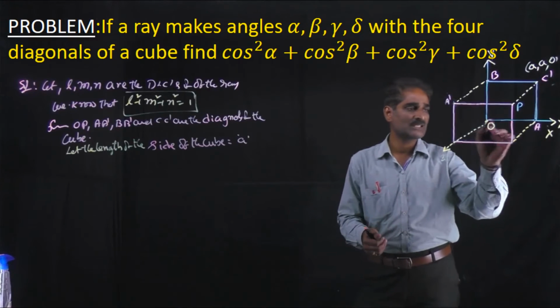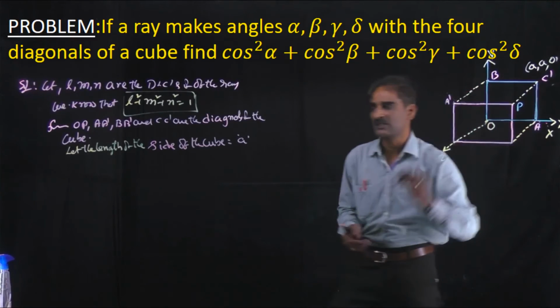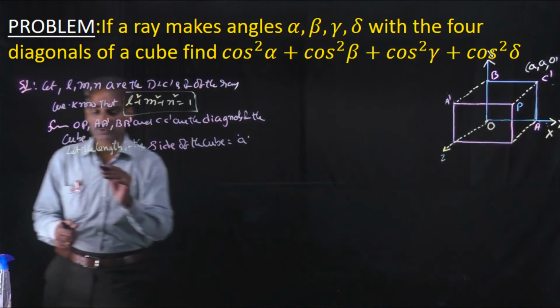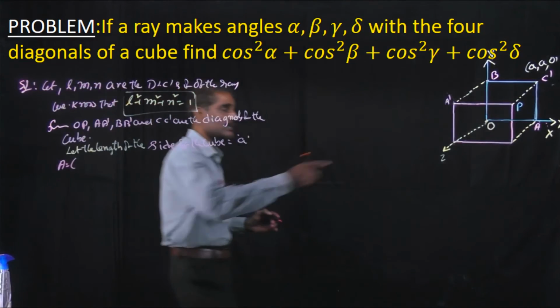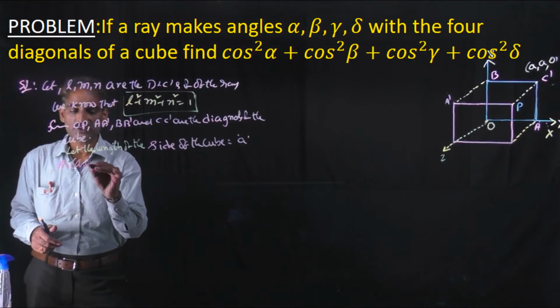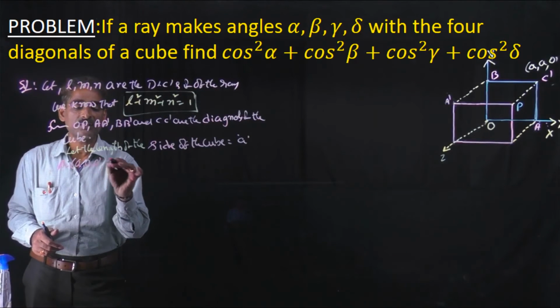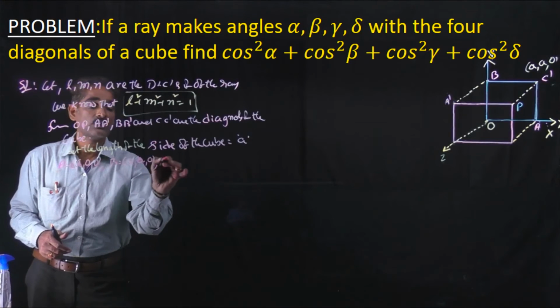If you take the length of this part equal to A, then what about the coordinates? A, 0, 0, like that. So write down the coordinates of all the points. A is equal to (A, 0, 0), on the x-axis. Next B equal to (0, A, 0).